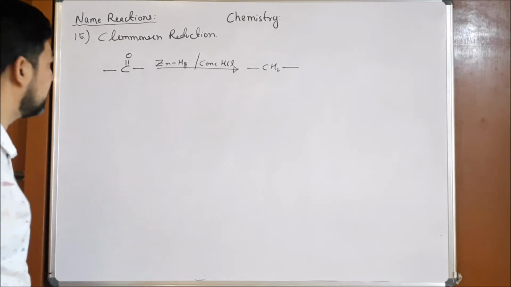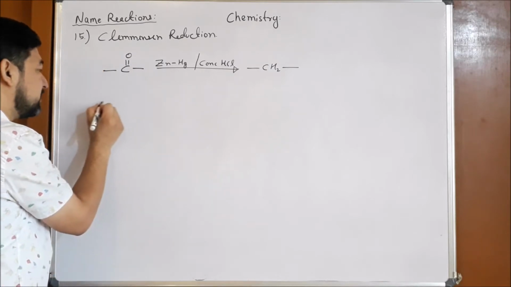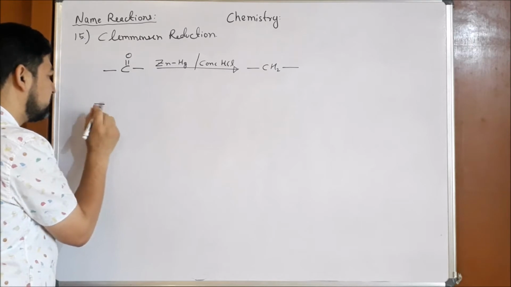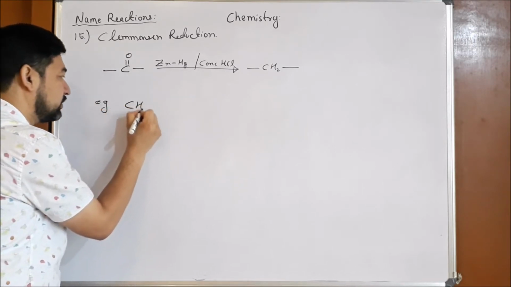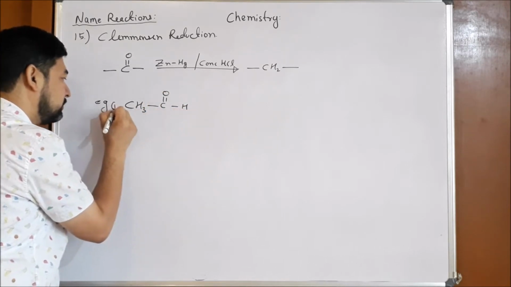So in Clemmensen reactions we have this carbonyl group, right? The carbonyl group is normally present in aldehyde and ketone. So we can take a particular example. CH3 C double bond O, example number 1.